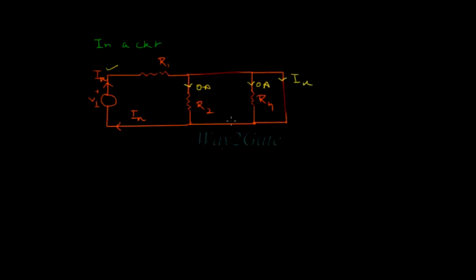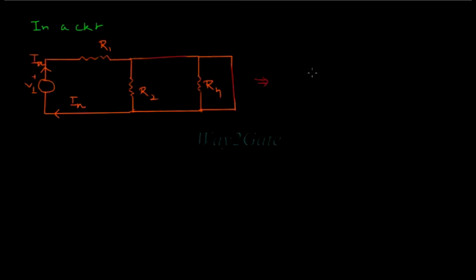Here it is good to note that a short circuit nullifies the parallel resistor, as no current passes through the parallel resistor in the presence of a short circuit.